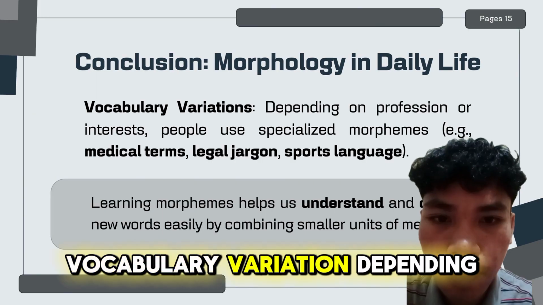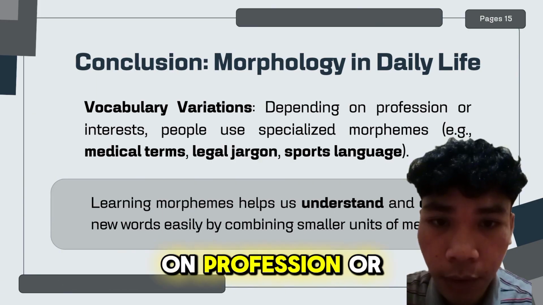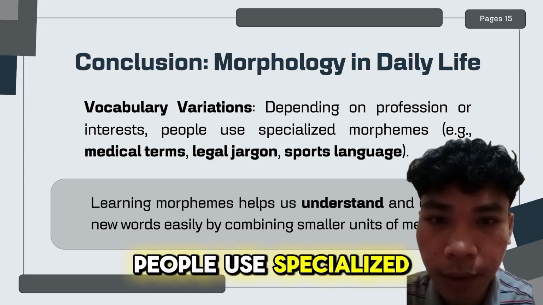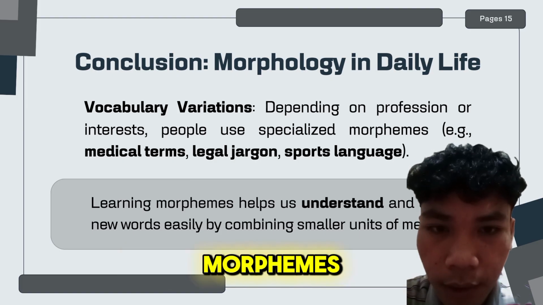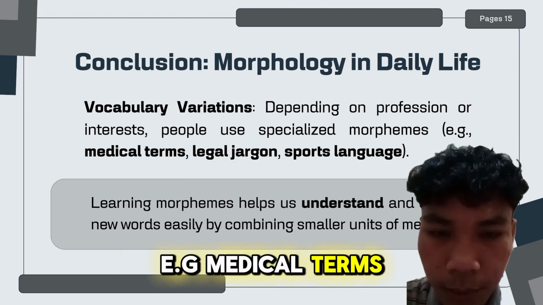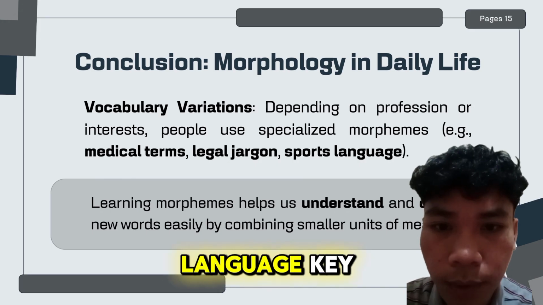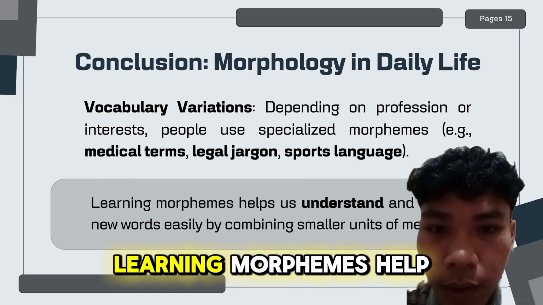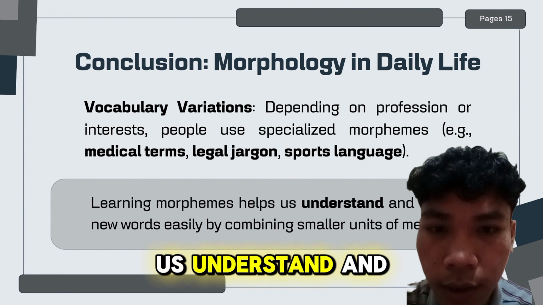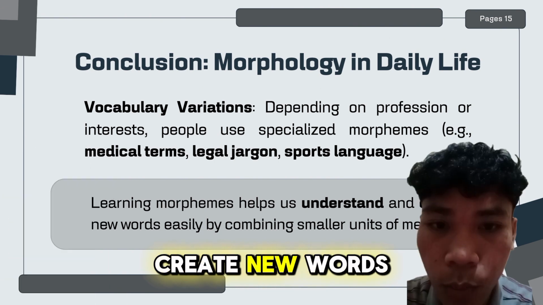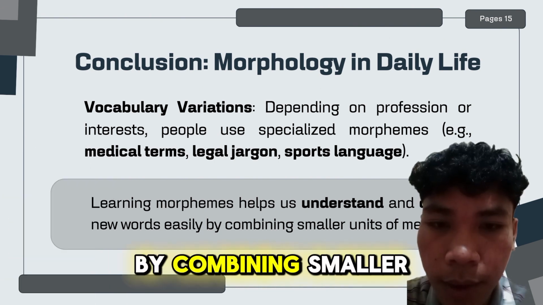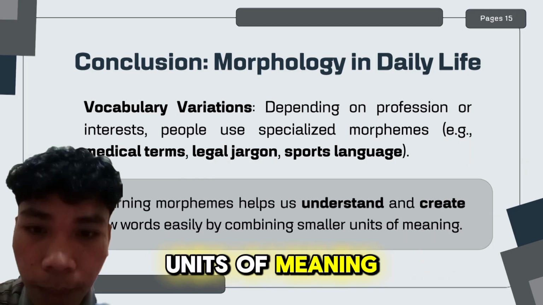Vocabulary variation. Depending on profession or interest, people use specialized morphemes, e.g., medical terms, legal jargon, sports language. Takeaway: learning morphemes helps us understand and create new words easily by combining smaller units of meaning.